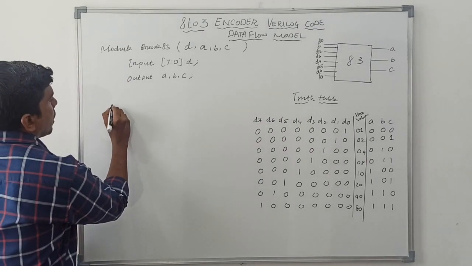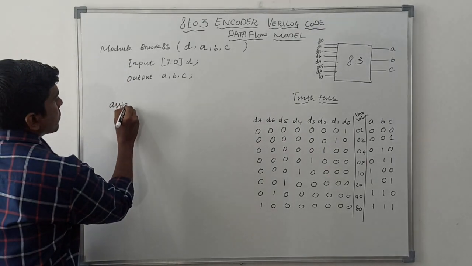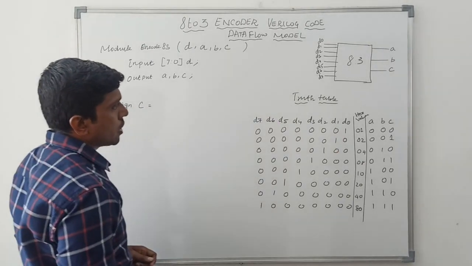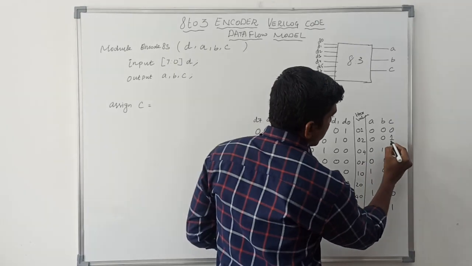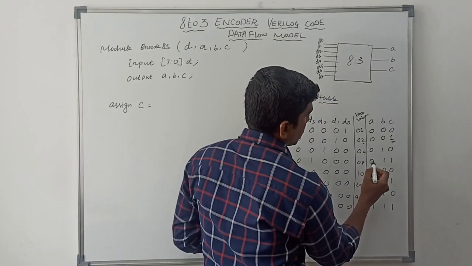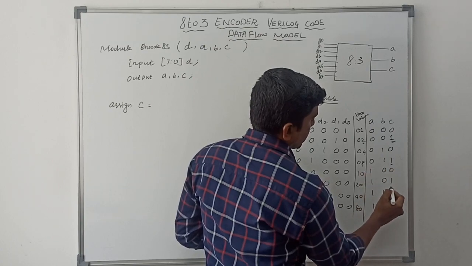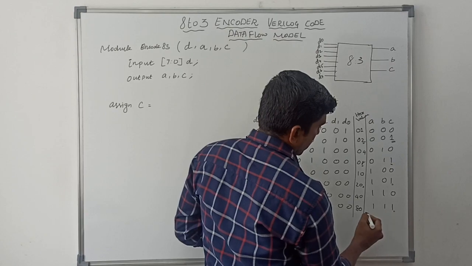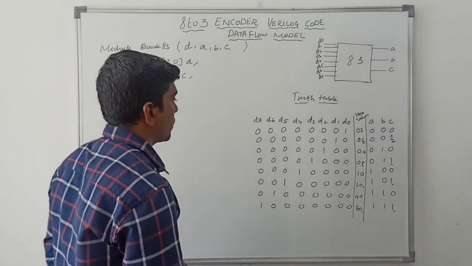Then assign. Assign the value for C. When C value equals 1, the hex values are 02, 08, 20, then 80.